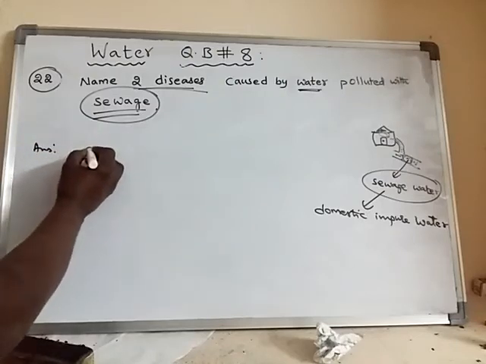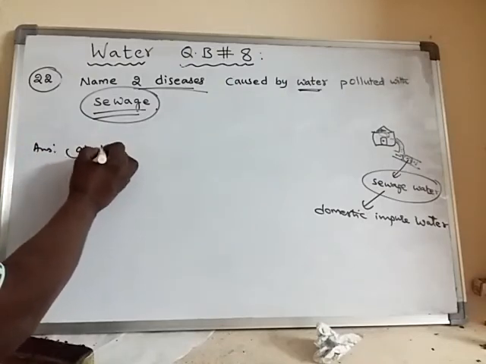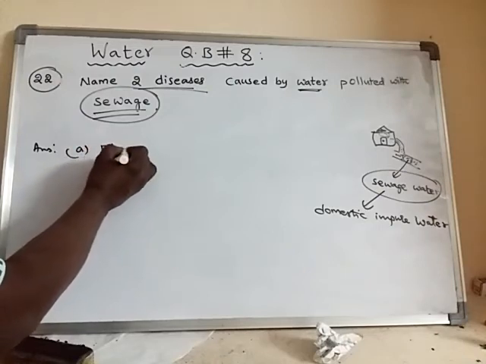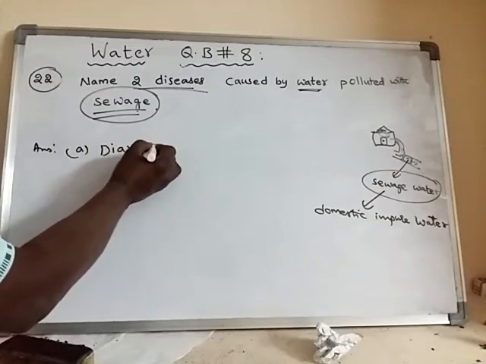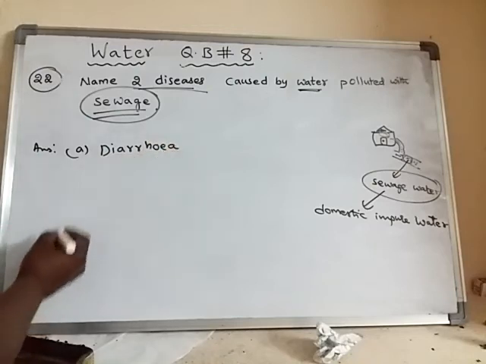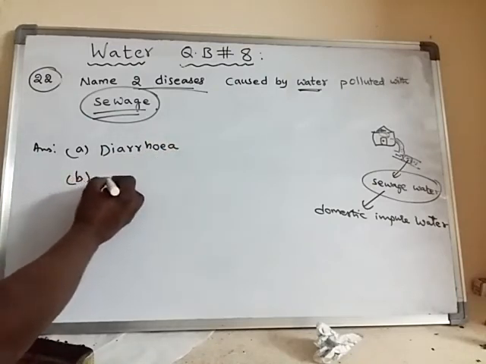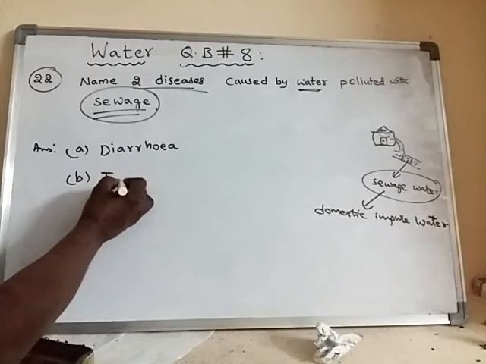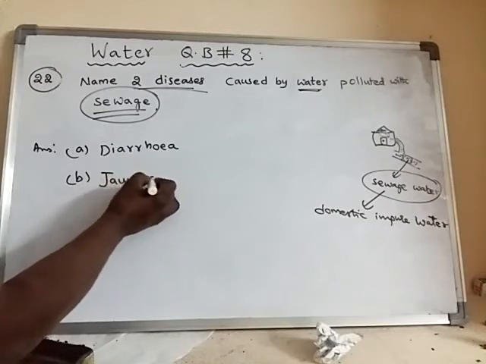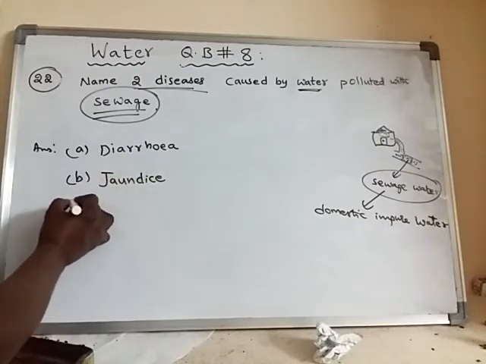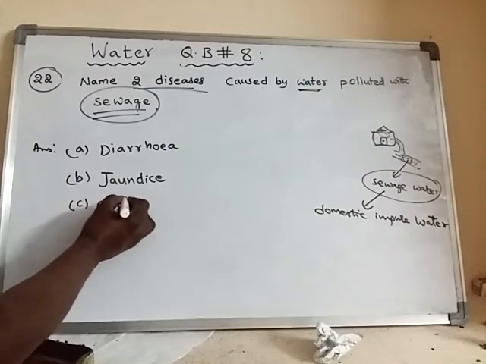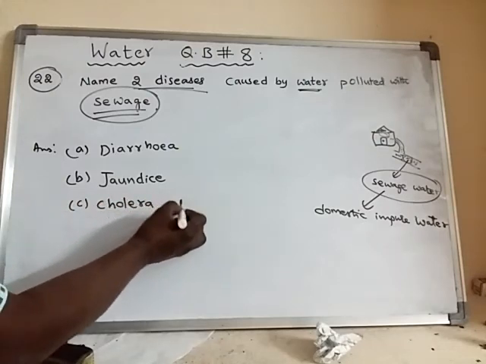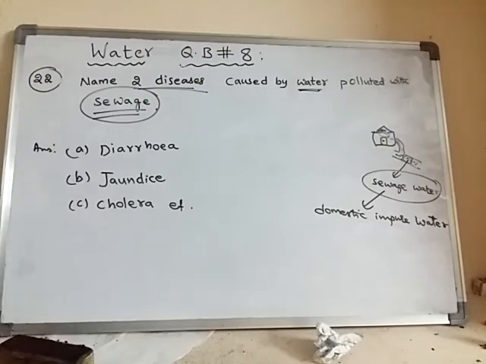Example: diarrhea. Diarrhea is one type of disease. Jaundice. Cholera, etc. are some of the diseases which are caused by water.